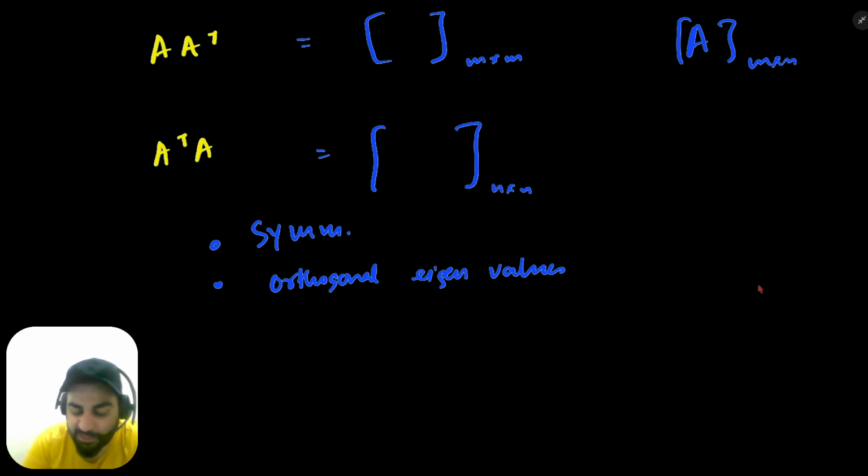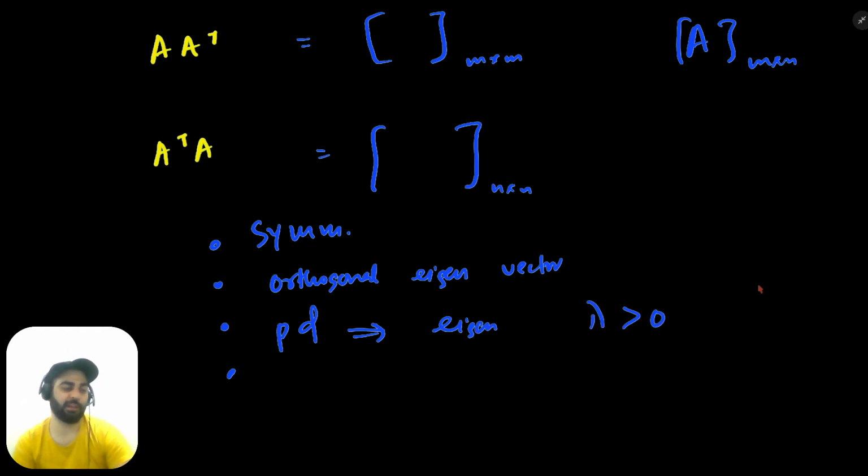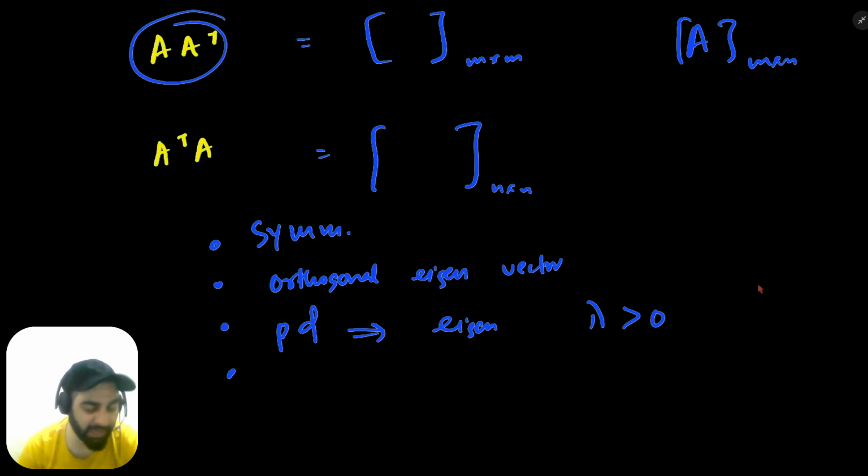These matrices are also positive definite, at least positive semi-definite, so the eigenvalues are positive, lambdas greater than 0. So these are nice properties. A A transpose and A transpose A are symmetric, their eigenvectors are orthogonal, and they are positive definite, due to which lambda is greater than 0. These are the good matrices that we wanted.